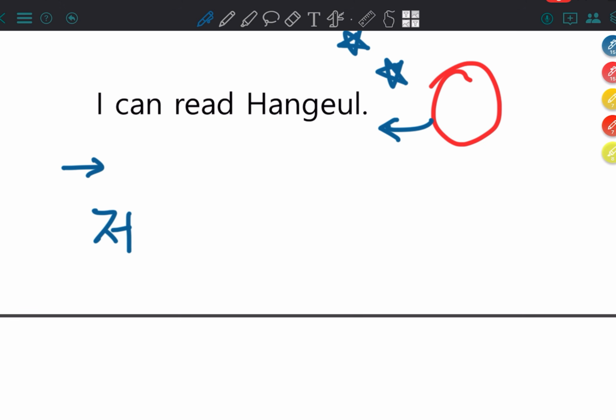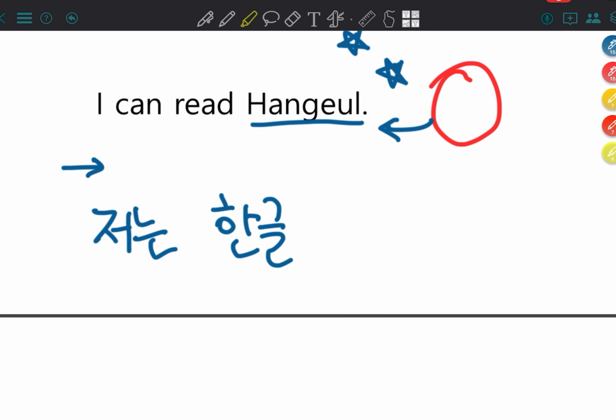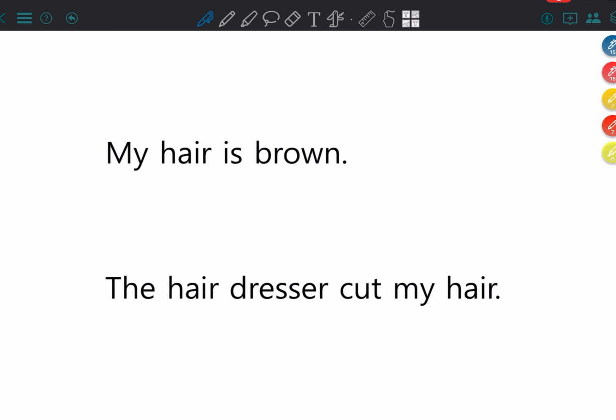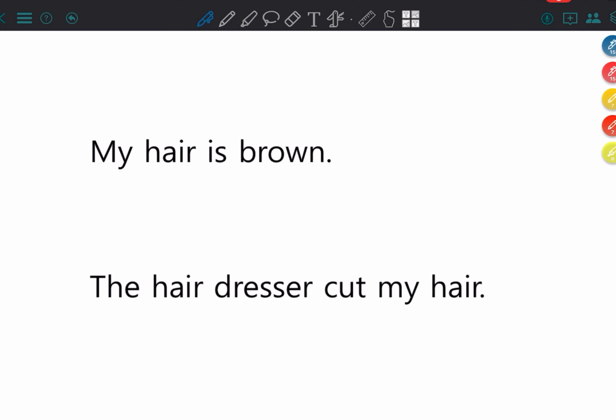So 저는 한글 is an object in this sentence, right? 한글, and then you mark it with object marker 을, since 한글 ends in 받침. 한글을 you can say 읽을 수 있어요. 저는 한글을 읽을 수 있어요. I can read 한글.